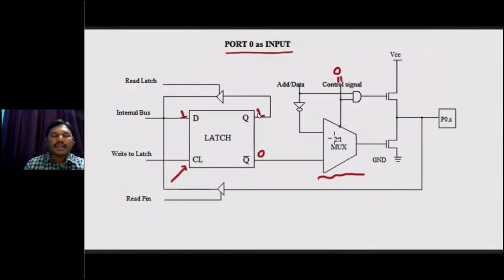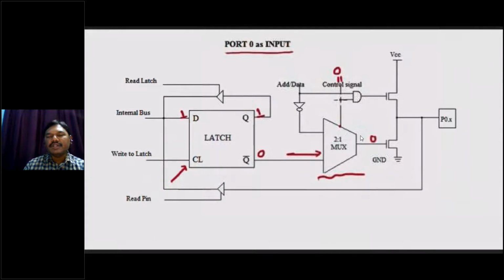When Q equals D, and Q is 1, the Q bar output is 0, and it goes to the mux. Even though the address and data are connected here, the 2 by 1 mux gives the output coming from this Q bar because the control signal here is 0.